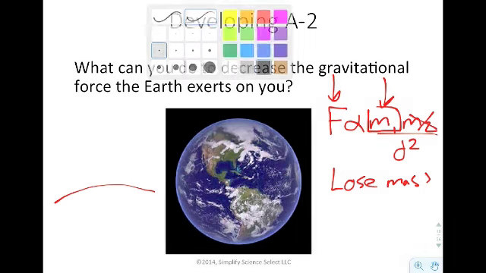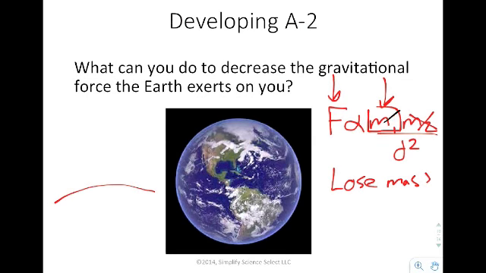How could you decrease it without changing your mass? Well, the other option is you can increase the distance. If you increase the distance, you also decrease the force. So somebody said, well, how am I supposed to increase the distance when I'm on Earth? And the simple answer to that is Earth is not flat. It has structure and has altitude. If you were to go to the top of a mountain, you would weigh slightly less than you would at the base of the mountain.